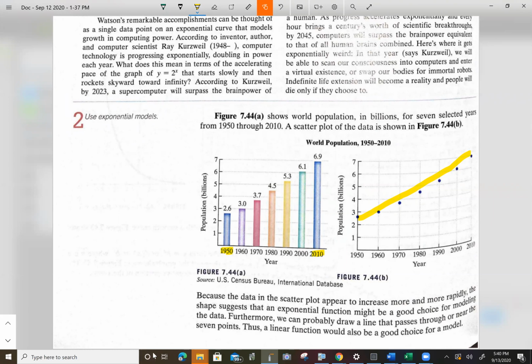So it's talking about if it looks like a linear relationship, even though I know what's happening when there's population growth is that it's exponential, it's going to walk you through the different ways to look at it. And I'll walk you through it now too.